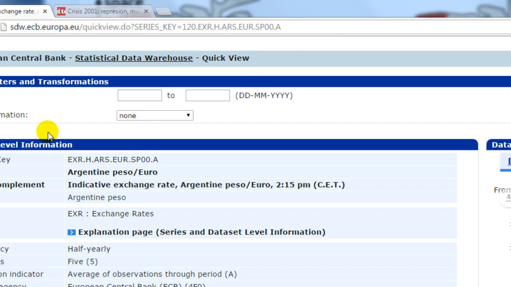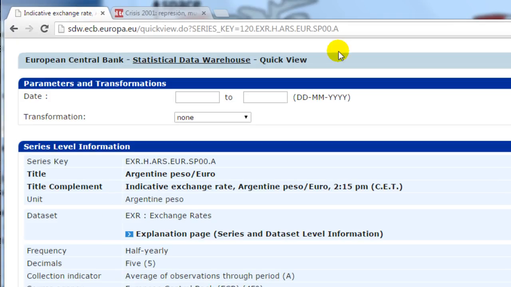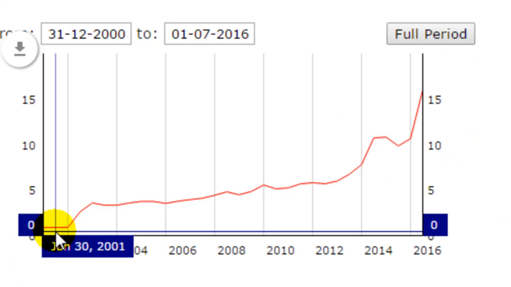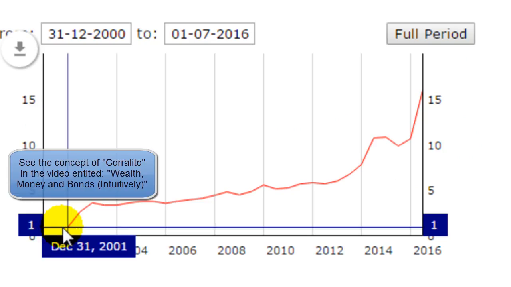go to this page, then you will see this European Central Bank. You will see that in Argentina in 2001, when we had the corralito that I mentioned, this was the exchange rate, 1 peso, $1.